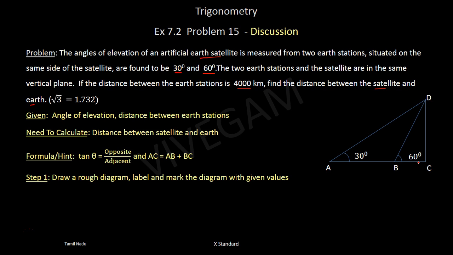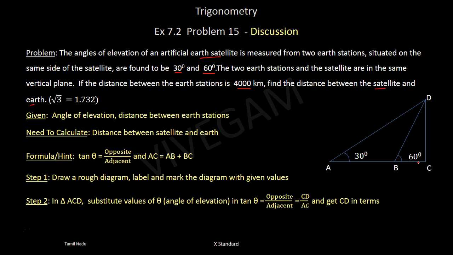Now, first step, as usual, draw a rough diagram, label and mark the diagram with the given values. Step 2, in triangle ACD, substitute the value of theta, that is theta is 30 degrees, in tan theta equal to opposite by adjacent, that is CD by AC.